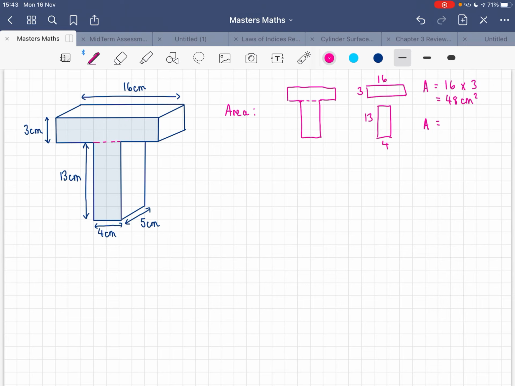The area of the second rectangle is 13 times 4, which is 52. And again, still talking about area, so it's centimetres squared. So the total area of the whole T shape is 48 add 52 is 100.